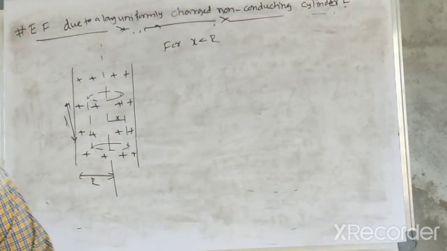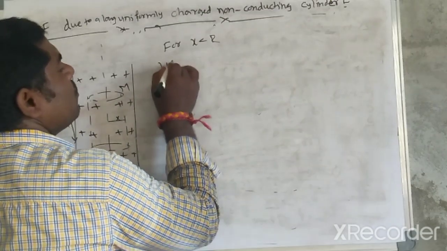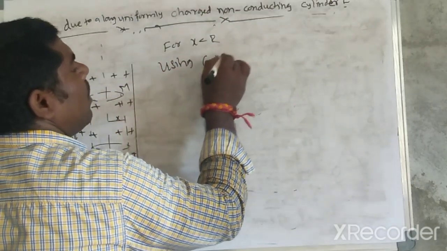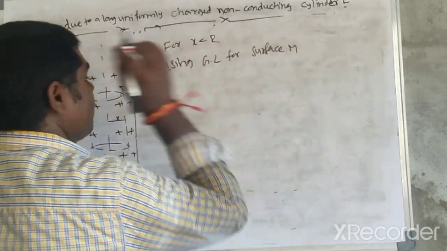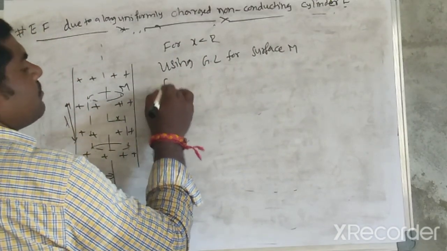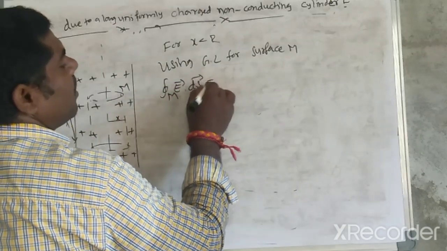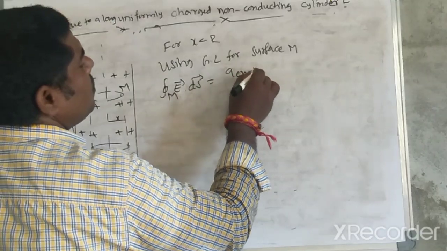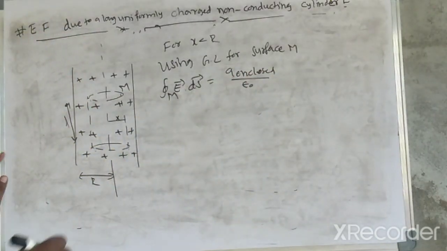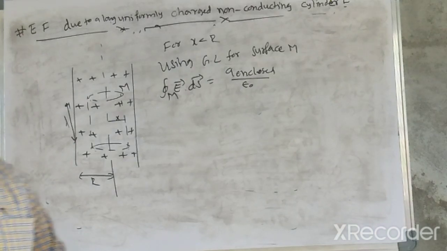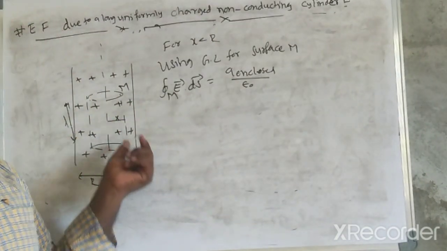Let's consider this surface M, using Gauss law for surface M. The total closed integral of E into ds bar is equal to Q enclosed by epsilon naught. Here the Q enclosed is the charge density inside the x distance.